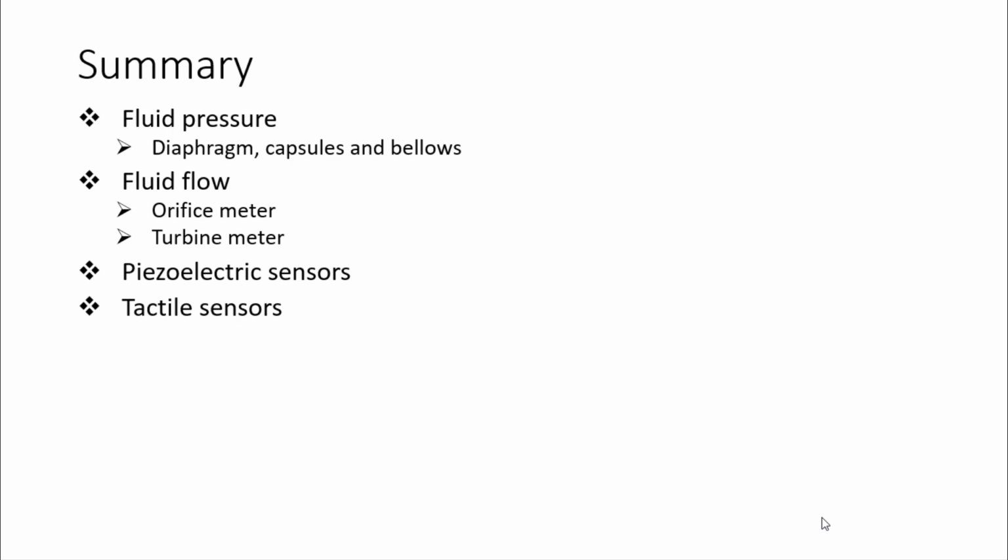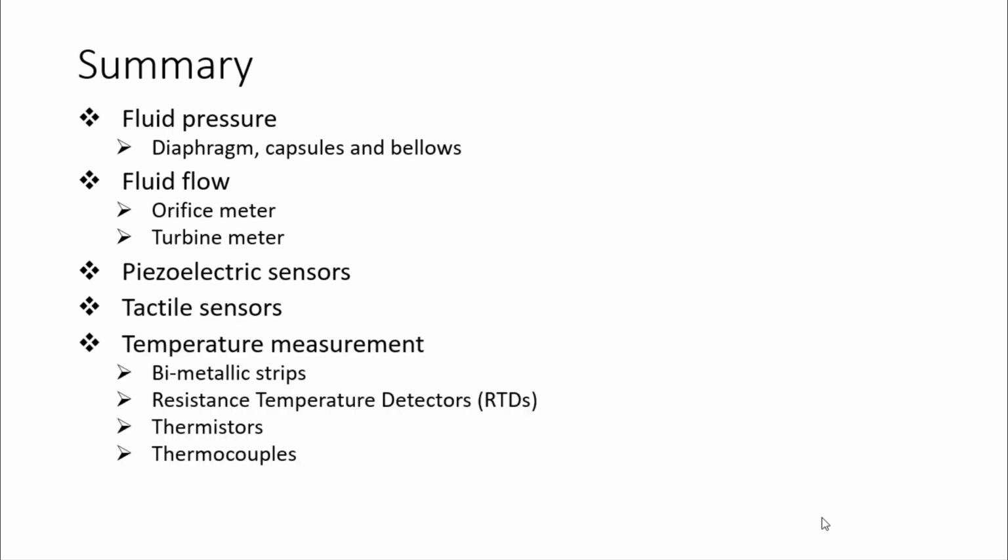After that, we saw important sensors such as the piezoelectric sensor and tactile sensors. Then we learned various sensors which are used to measure temperature. These are RTDs, that is resistance temperature detectors, thermistors, and thermocouples. At the end, we learned about light sensors.